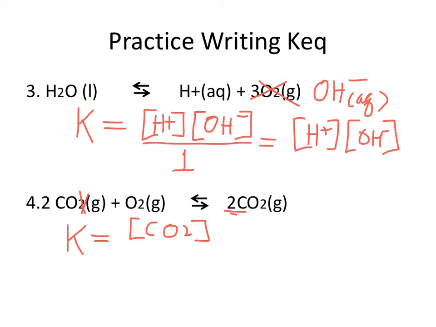There's a 2 here in the balanced equation, and so there's a 2 up on top as a superscript, and we have carbon monoxide on the bottom. There's a 2 in front of that, so that goes there, times O2. Okay, so everything's a gas. We have the superscripts in place, and so this is the equilibrium constant expression for reaction 4.